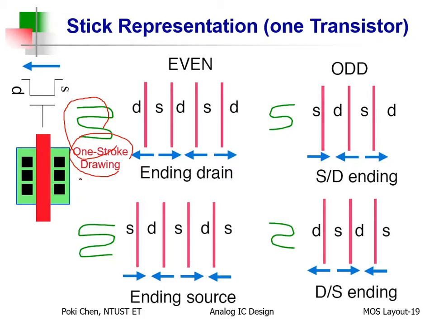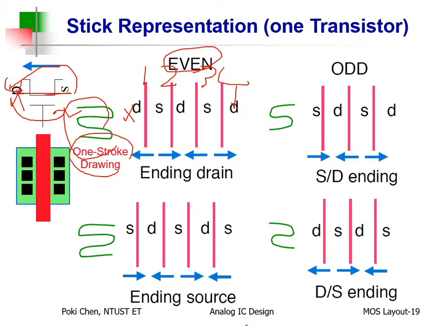Okay? If you begin from drain, with even segments, one to the other side. One means one layout. So you go from drain to source. 2, source back to drain. 3, 4, and so on.